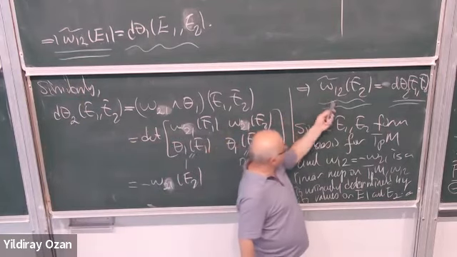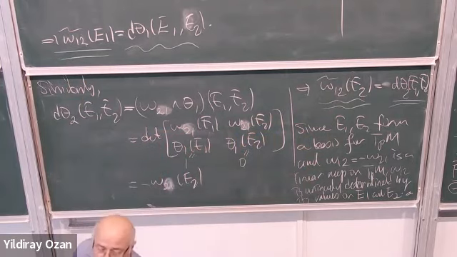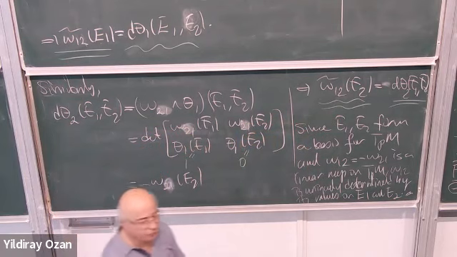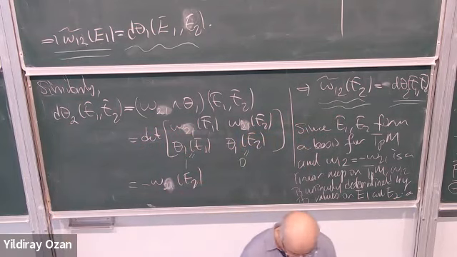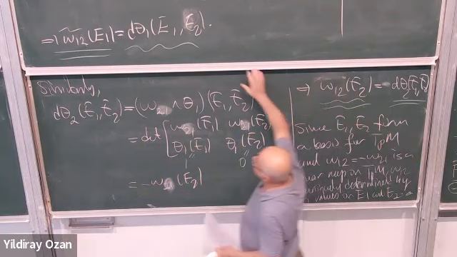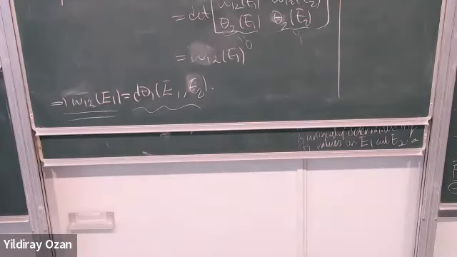But in that case, W and W tilde take the same values on the basis vectors. Therefore, they have to be the same linear objects. Okay.